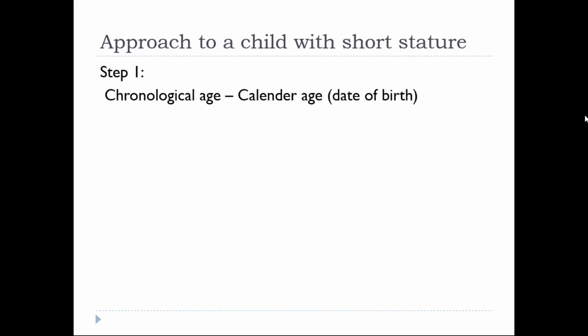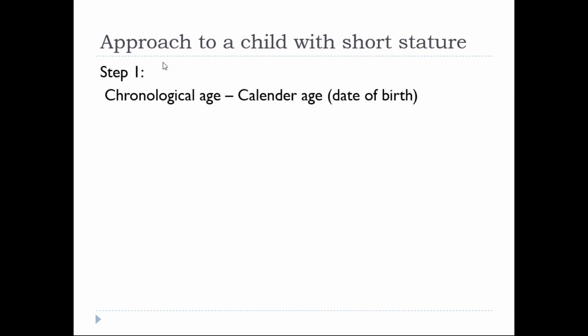It's a bright morning. Okay, so we'll go ahead. When you get the child and the parents say that my child is short, what do you do about it? You first ask them the date of birth and see the chronological age.